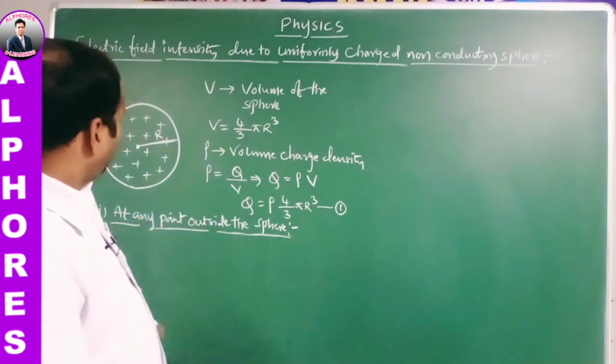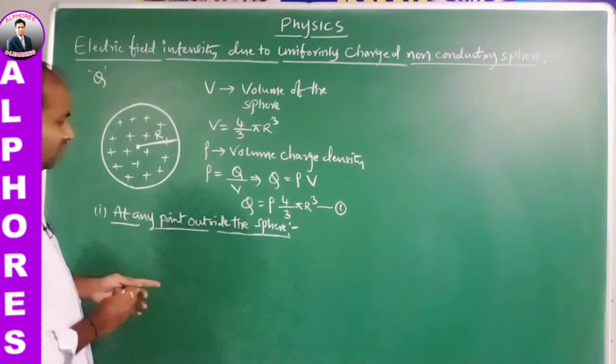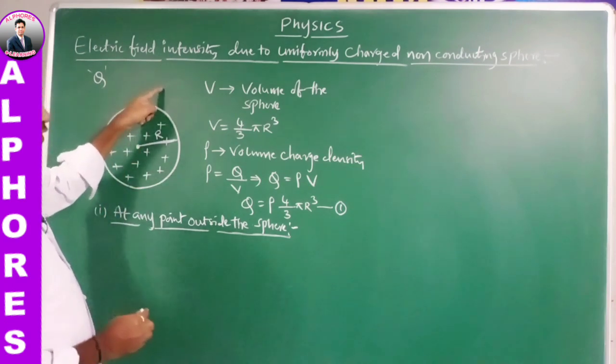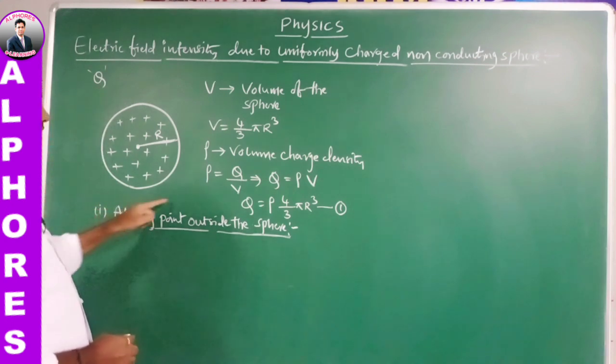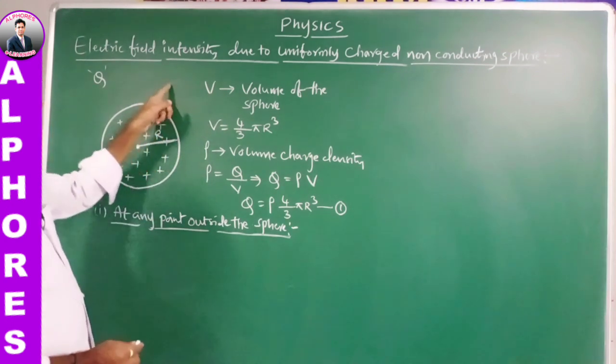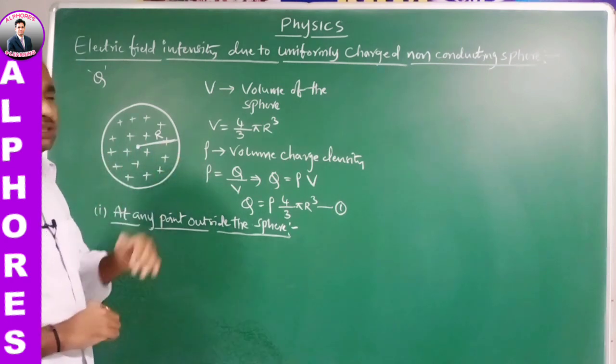Now at any point outside the sphere, if we consider a point P outside the sphere, we construct a Gaussian surface. It is the same as for a conducting sphere.